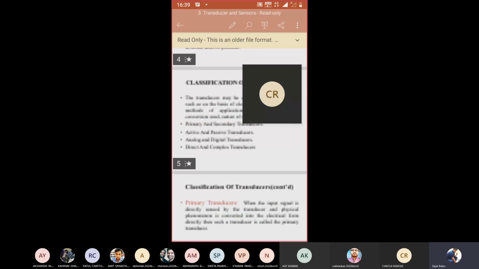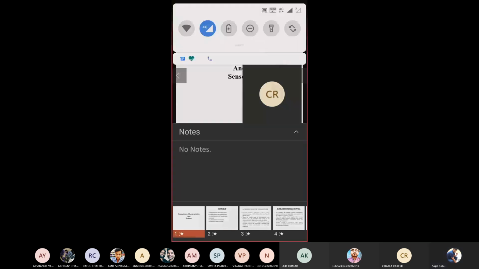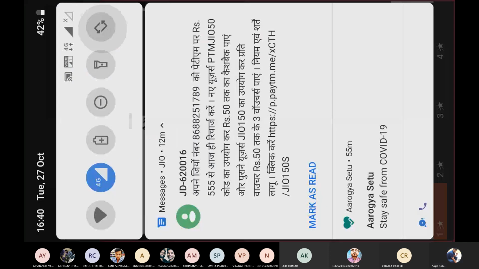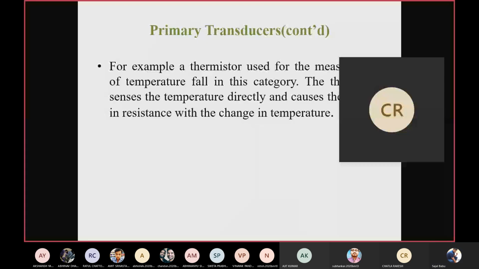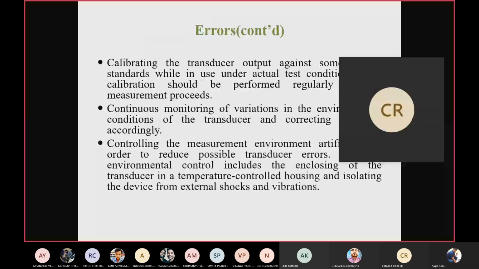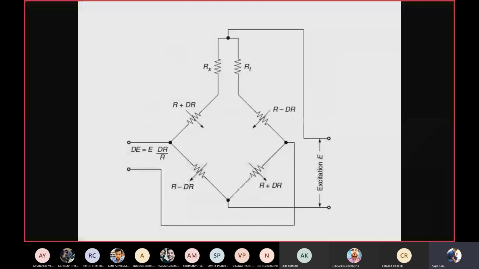Okay, just wait. Are you able to see the screen here?